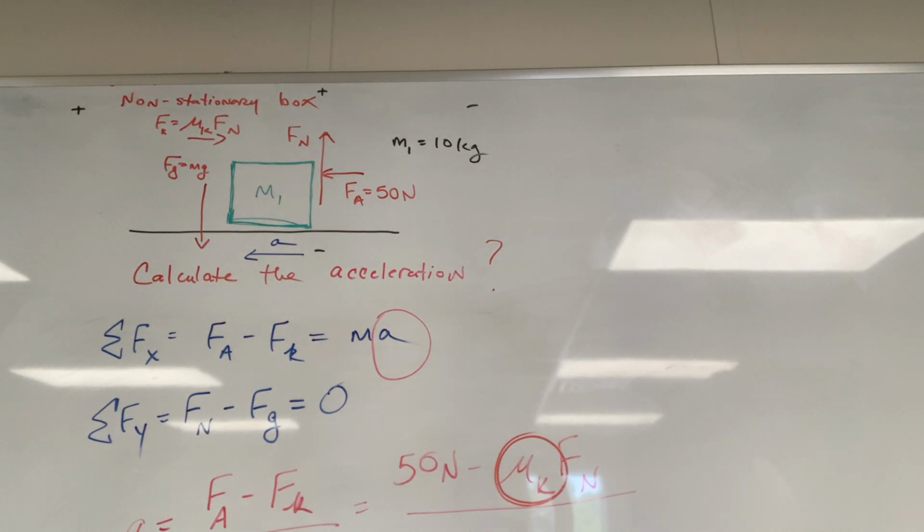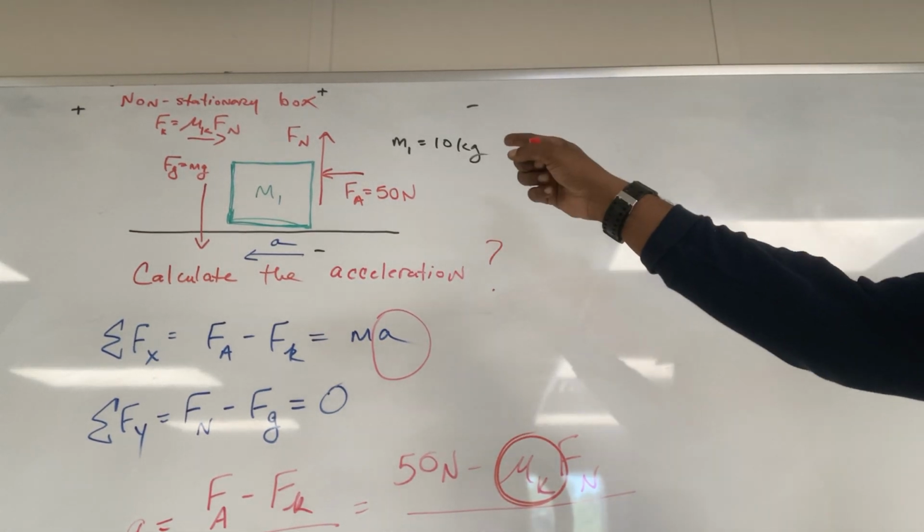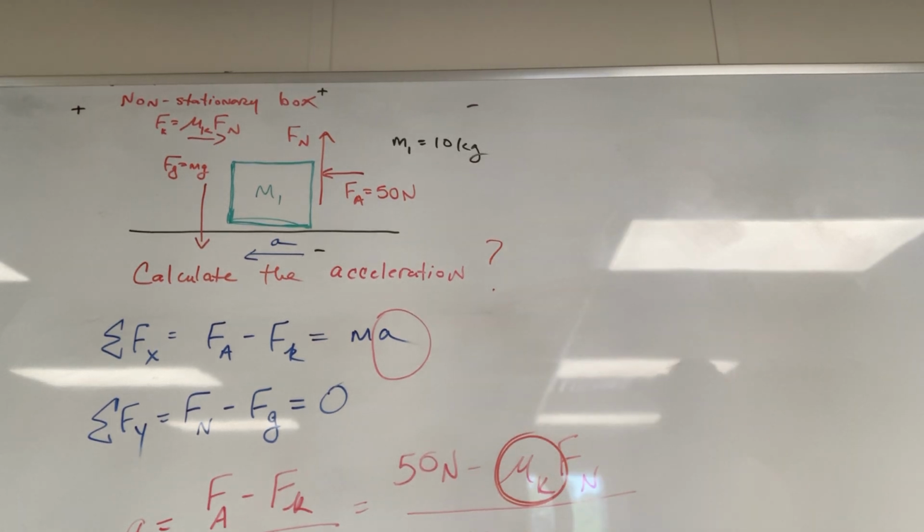If I give you the coefficient of friction, then I'm normally talking about the non-stationary box. If I give you the coefficient of kinetic friction, then you know it can't be the stationary box. We're talking about kinetic friction, things that are moving.